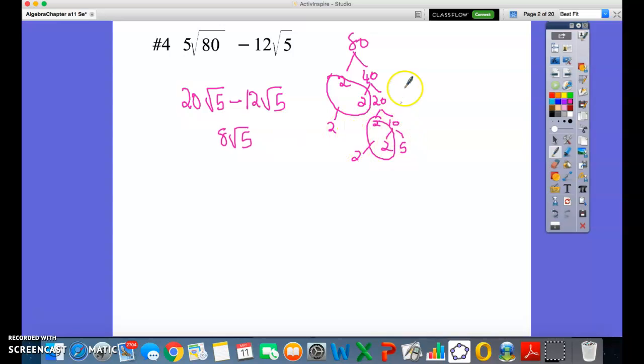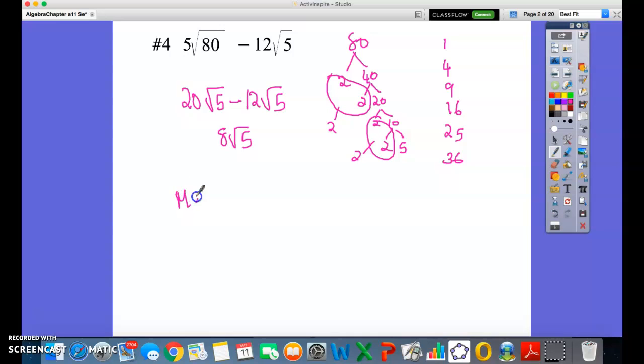The other way is, you can write down all the perfect square numbers. So 1 squared is 1, 2 squared is 4, 3 squared 9, 4 squared 16, 5 squared 25, 6 squared 36, right?